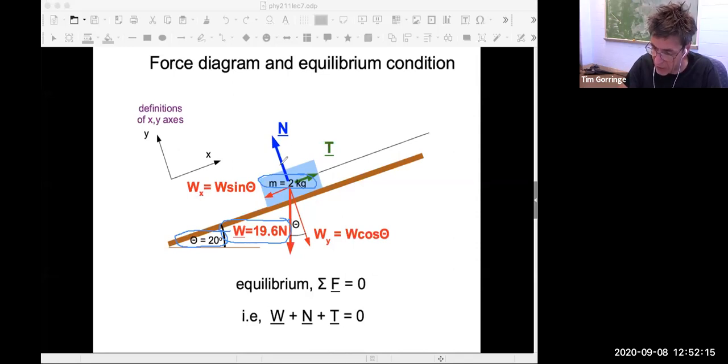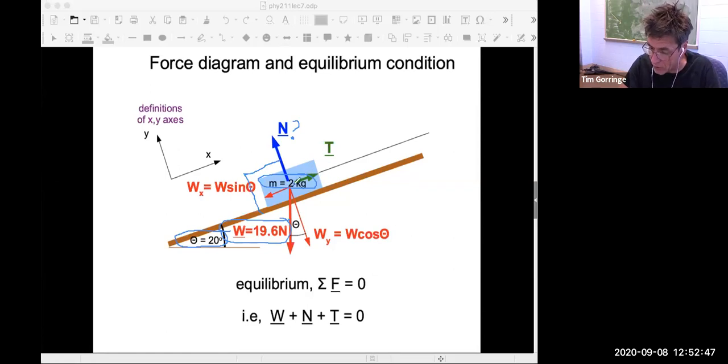So the key thing about this sketch is that there's a right angle between the direction of the force and the plane of the incline. So there's 90 degrees here. I pictured the normal force, and I know its direction, it's normal to the surface, but right now I don't know its strength. That's something we're going to have to figure out.